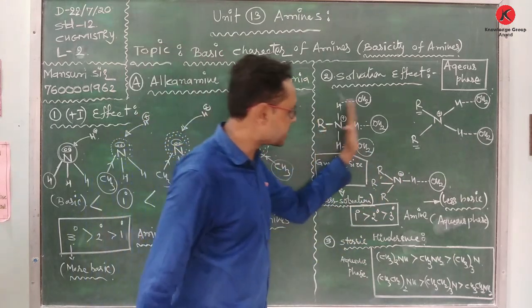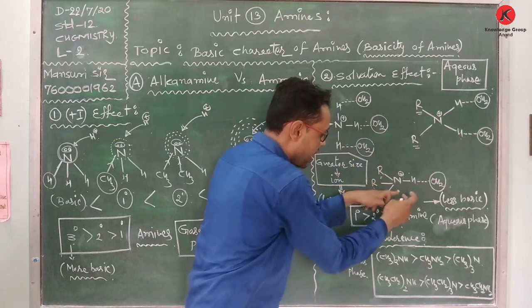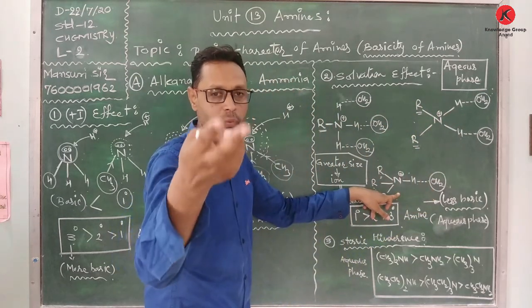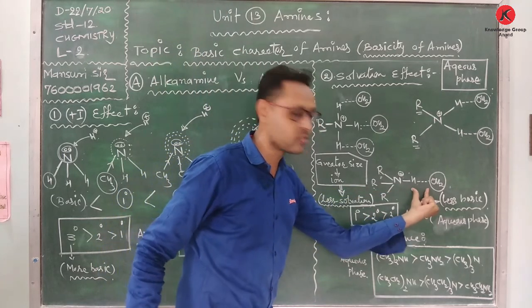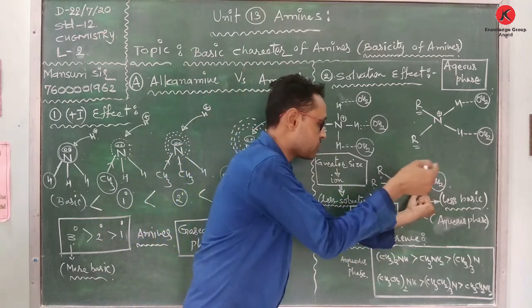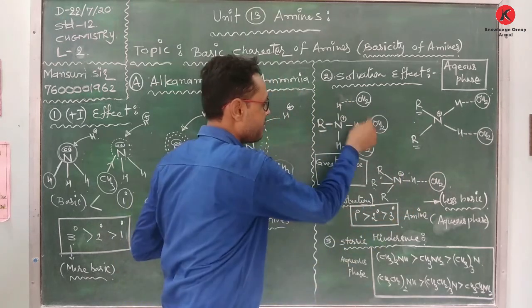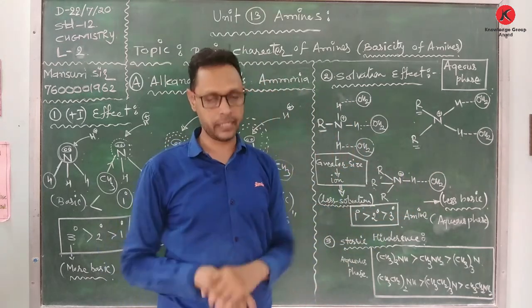When the size of the ion is greater, solvation becomes less. That is why they are less basic. So 3 degree amine will be less basic and primary amine will be more basic.